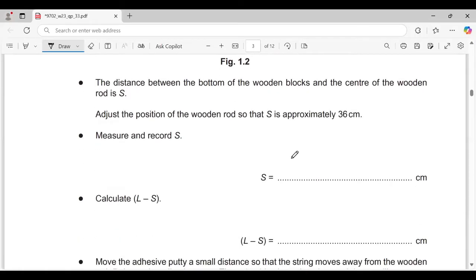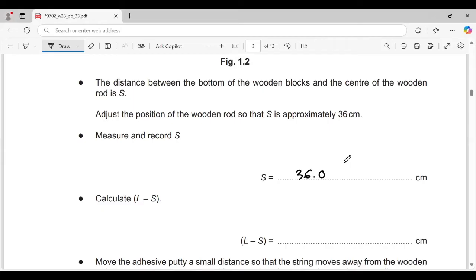The distance between the bottom of the wooden blocks and the center of the wooden rod is S. Adjust the position of the wooden rod so that S is approximately 36 centimeters. Measure and record S. I have measured and recorded S as 36 centimeters.